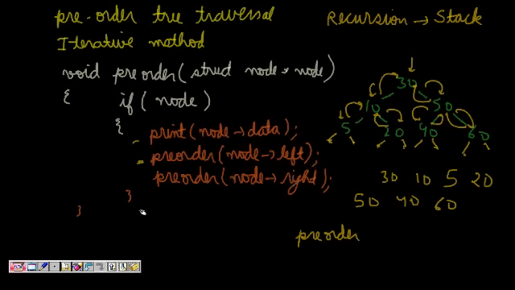So what should be done? Let's start with a simple 3-node tree, very basic, and I have to use a stack. So what will I do?